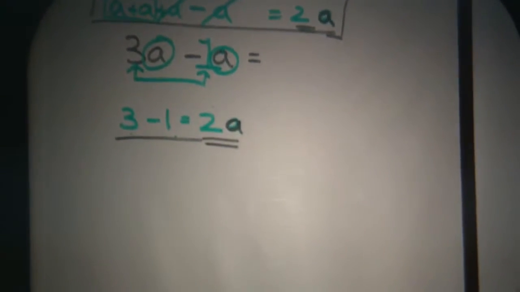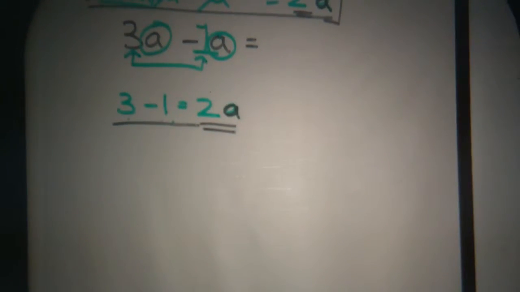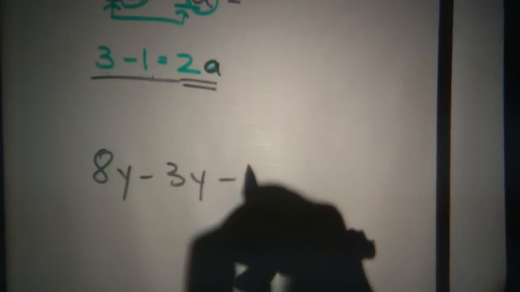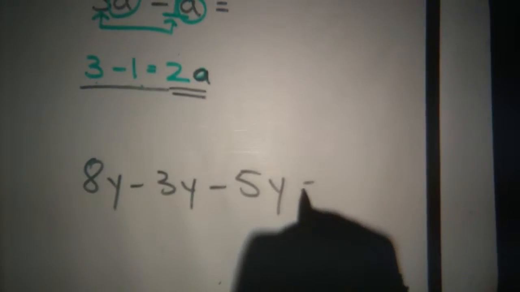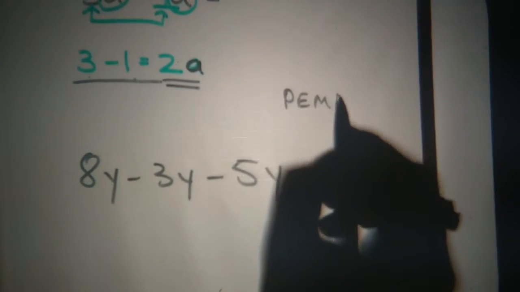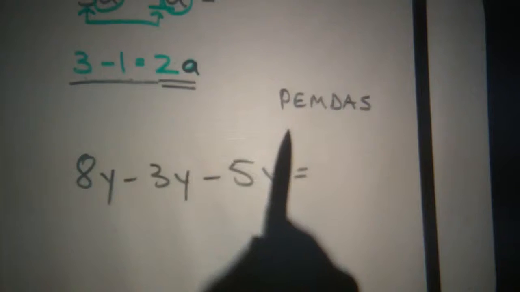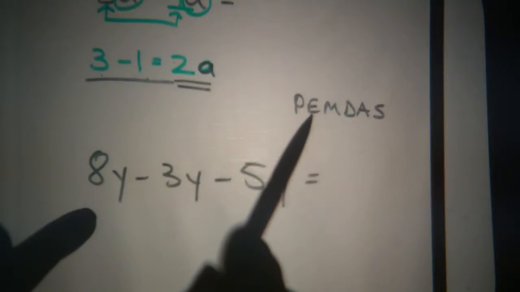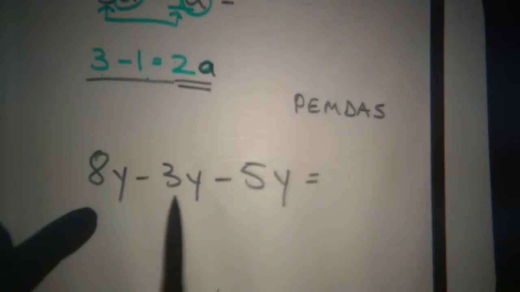Let's look at something with 3 terms here. 8y minus 3y minus 5y. Alright, now regardless of the number of terms we have, we have to think of PEMDAS. Do I have parentheses? No. Do I have exponents? No. Multiplication?